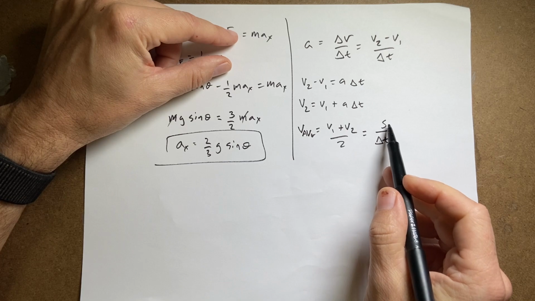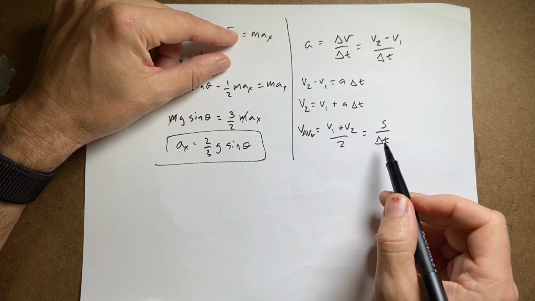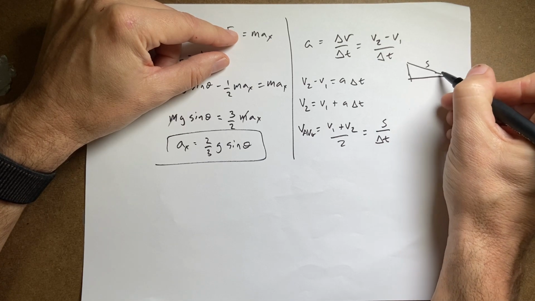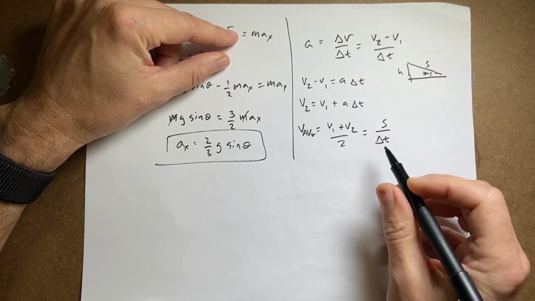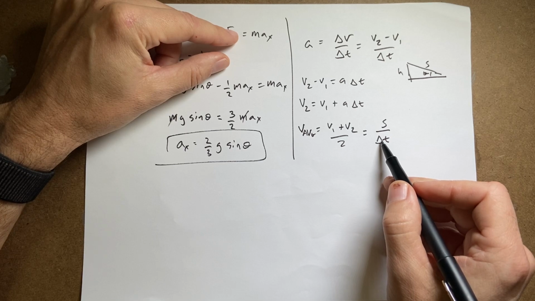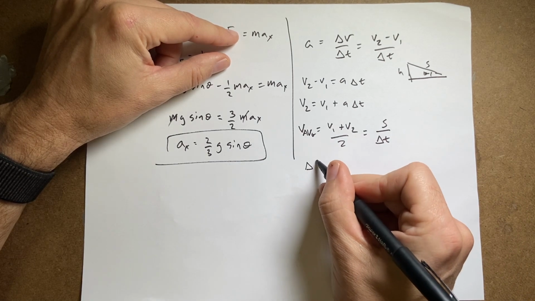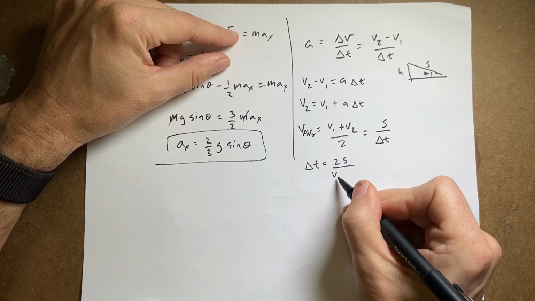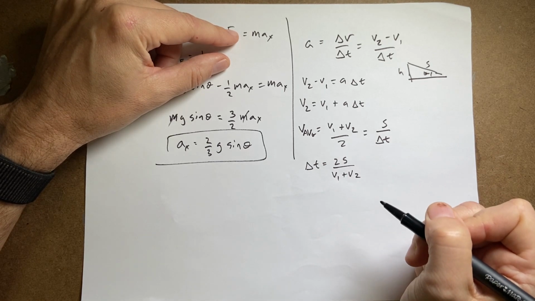Average velocity is change in position over change in time. Remember, s is that length of the triangle right here, s, theta, h. So I can take this and solve for delta t. If I multiply both sides by delta t, I get delta t equals 2s over v1 plus v2.